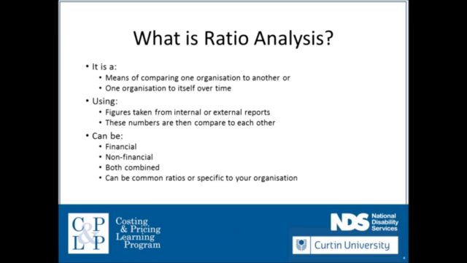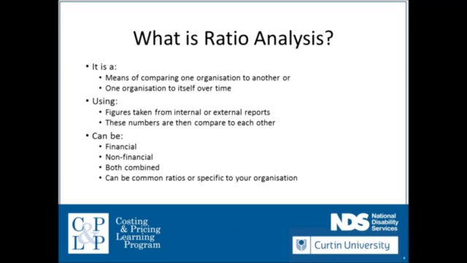I guess there's a couple of major questions to consider before we actually look at how we might calculate certain ratios for disability service organisations. As organisations grow and change over time, no two organisations are the same, and I think this is particularly so in the disability sector in Australia.